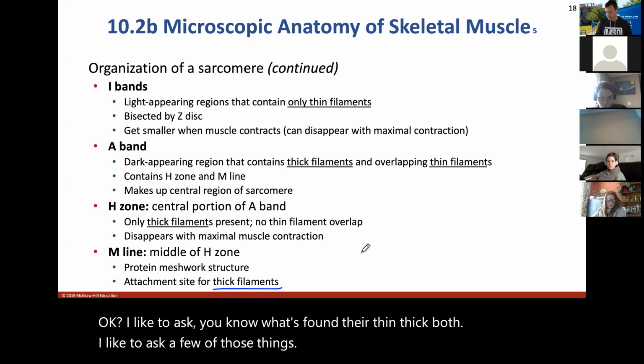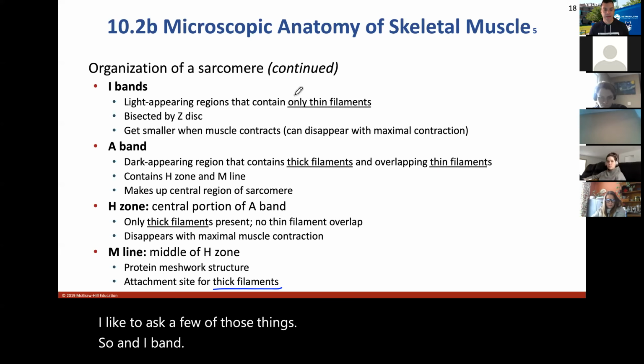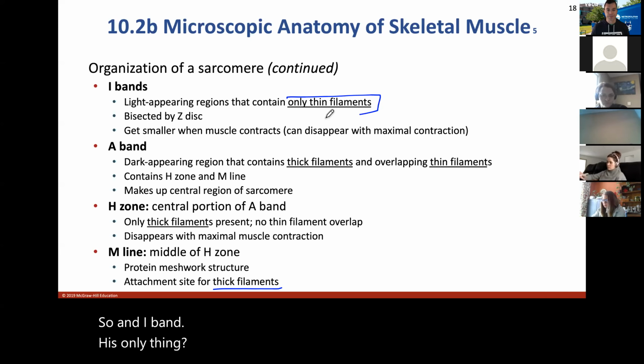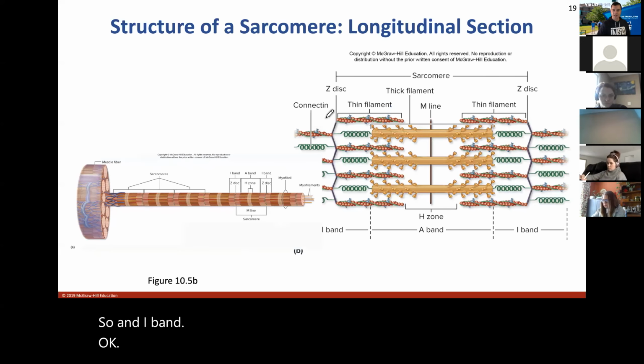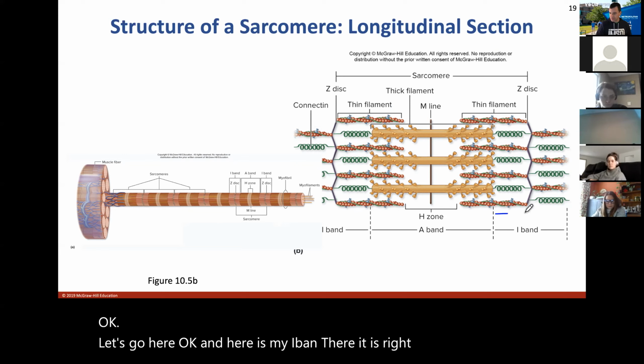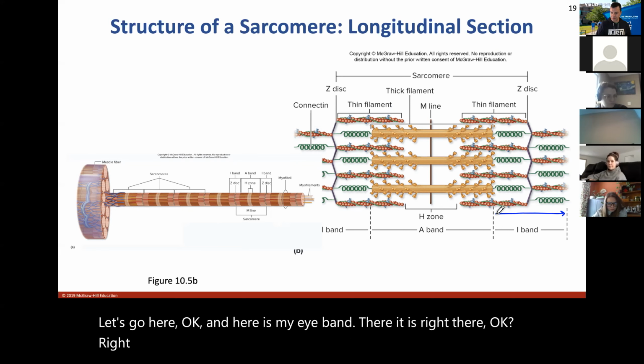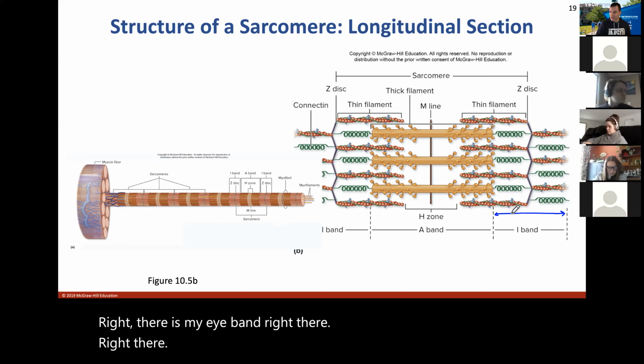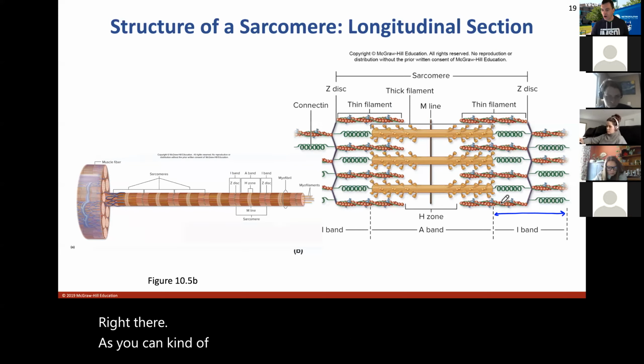So an I band is only thin. Let's go here. And here is my I band. There it is right there. As you can see, all of this is also thin filaments.